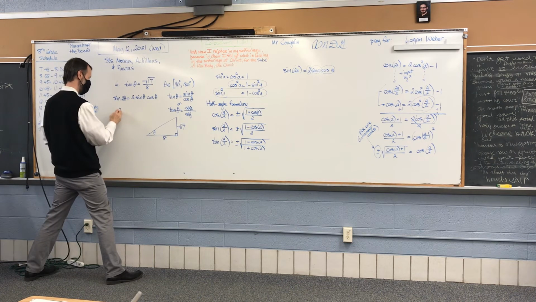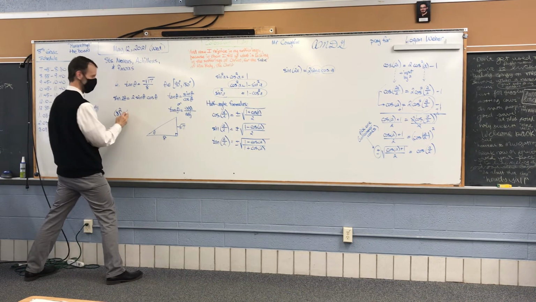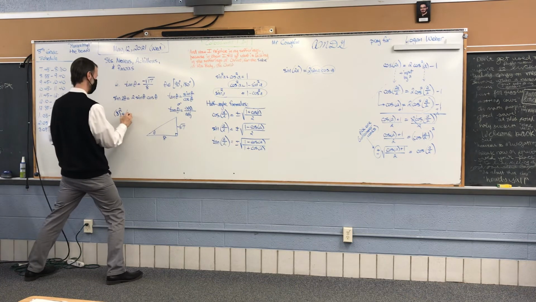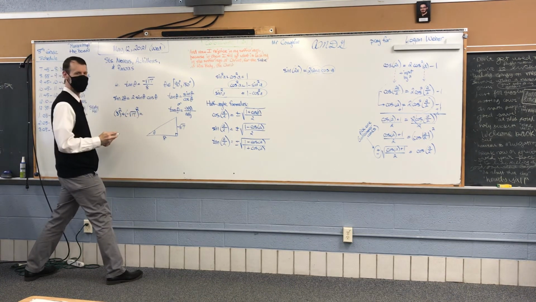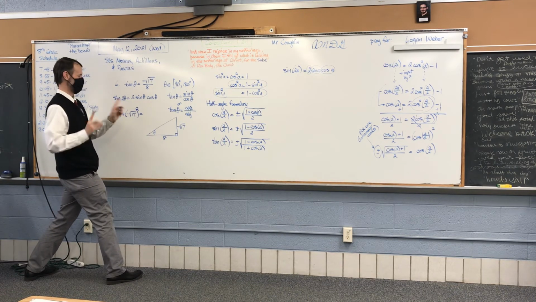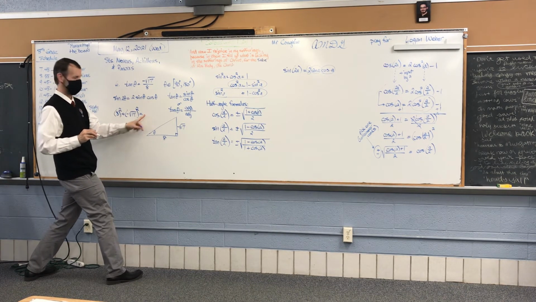8 squared. Equals what? What would you put? Don't do the math. It's a missing side, so it's c squared.